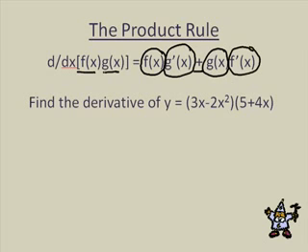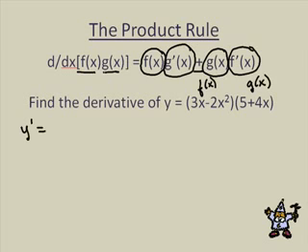So let's take a look at this one. Just by virtue of the way it is when it's written out here, we're going to let this first function then be the f of x, and the second one the g of x, even though it doesn't really matter. And we want to find the derivative. So we're going to follow the rules.